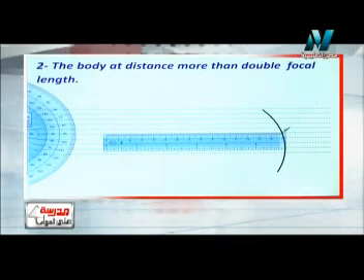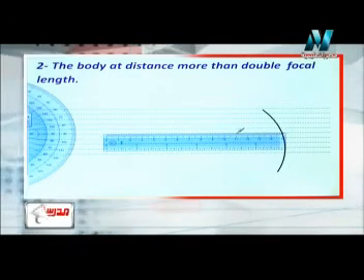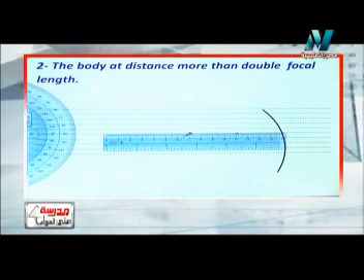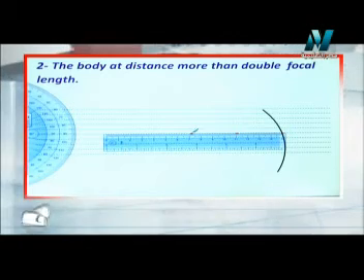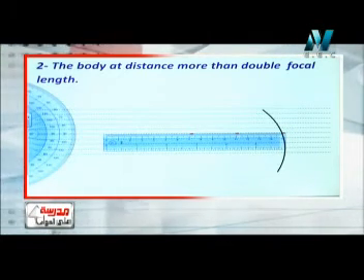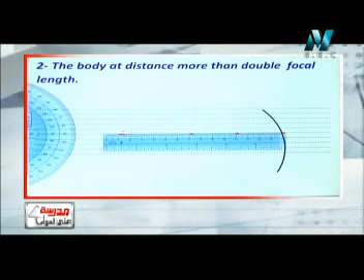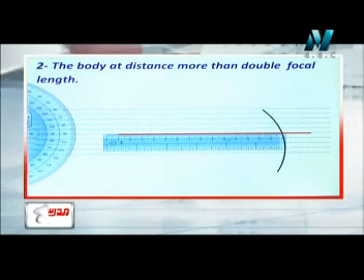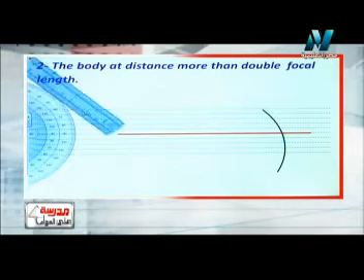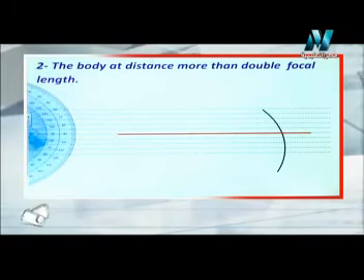Here 0 centimeter, here 3 centimeters, for example, and here 6 centimeters. Put point like that, and point like that. Then we can put the principal axis.